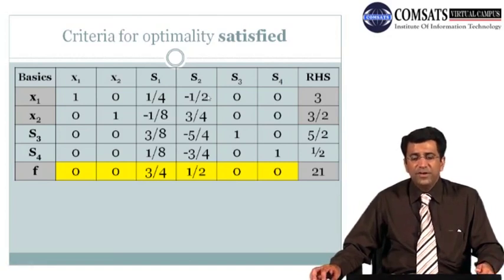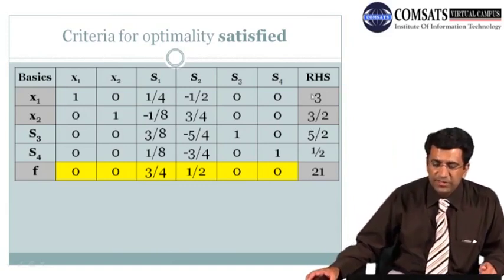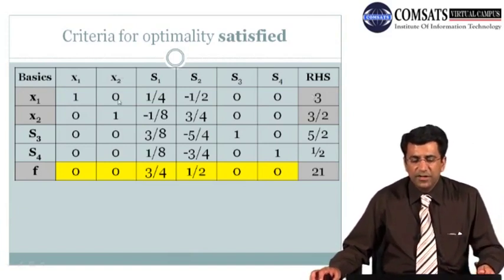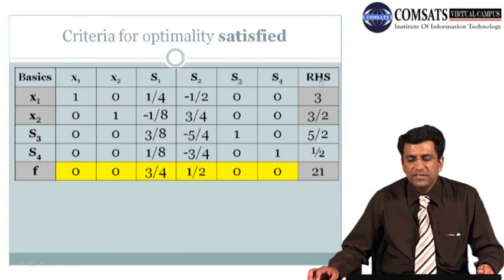Again class, we will refer to these basic variables' values against the right hand side value, and this particular table is showing us that the value of x1 is equal to 3. That is being represented by this right hand side column, and the value of the x2 variable is equal to 3/2.